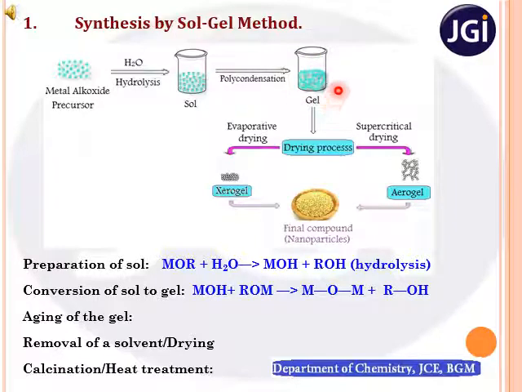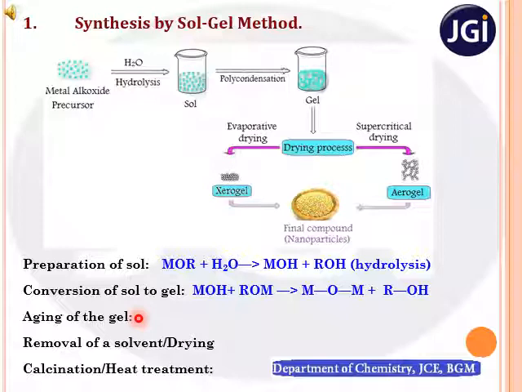And the third step is aging of the gel. Aging of the gel means the reaction mixture is allowed to continue polycondensation reactions until the gel transforms into a solid mass accompanied by contraction of the gel network and expulsion of solvent from the gel pores. So this is called aging of gel.